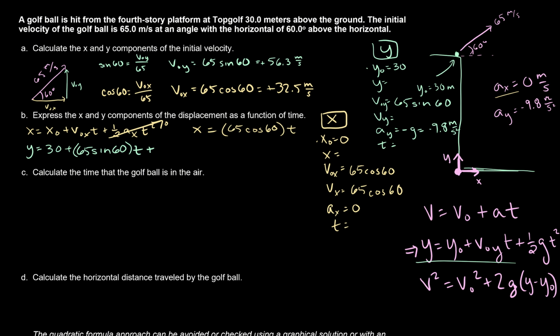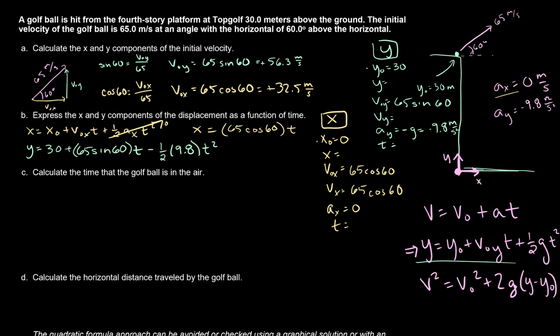Well, our g is negative 9.8, so negative, let's say negative 4.9. Well, actually, let's write it all. Negative 1/2 times 9.8. I switched the positive to a negative sign because our 9.8 was negative. And then we have a t squared. So that's going to be our equation for the y displacement as a function of time.